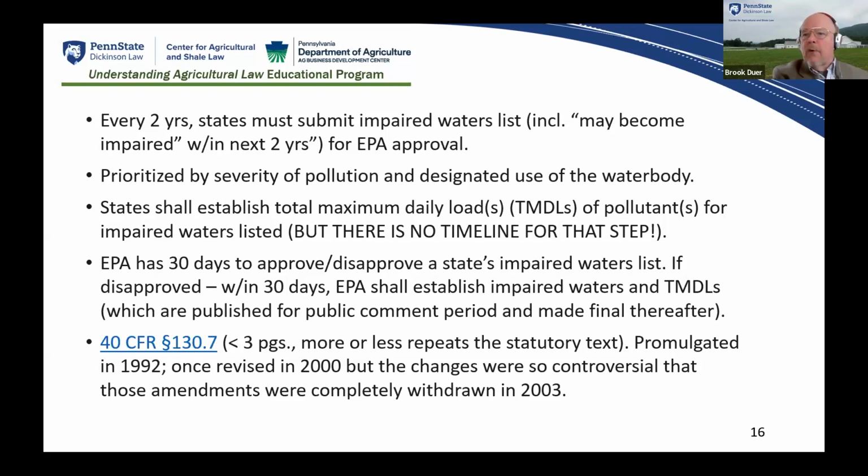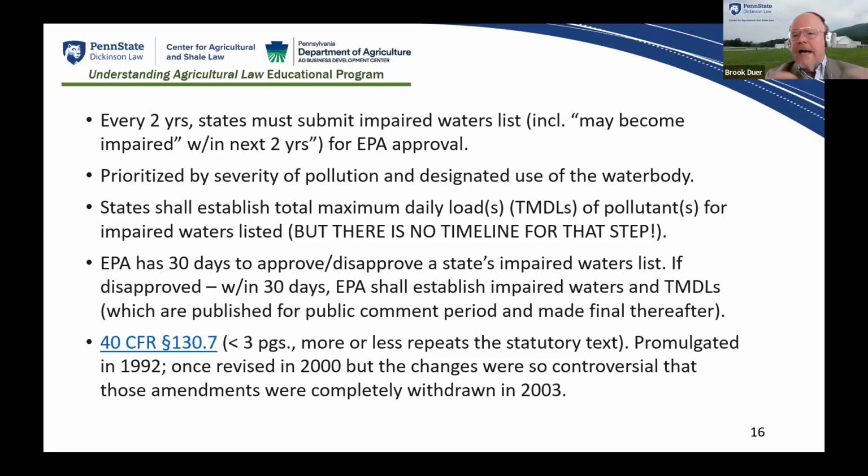So, of course, if it's a public water source, it's got a much more stringent water quality standard, or it is supposed to have, rather than if it's purely recreational, or if it's to produce fish and propagate wildlife. I don't know if that is the right word there, but in any event, it's a higher standard than recreational use, but not as high as a public water source.